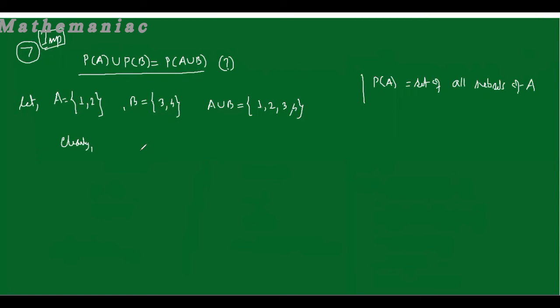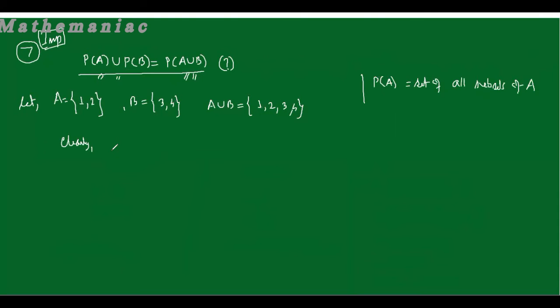So now let us try to find one such subset which may be here but you will not find here, or it may be here which you will not find here. That will disprove the equality, right? So we can easily find. Let us just try to observe.